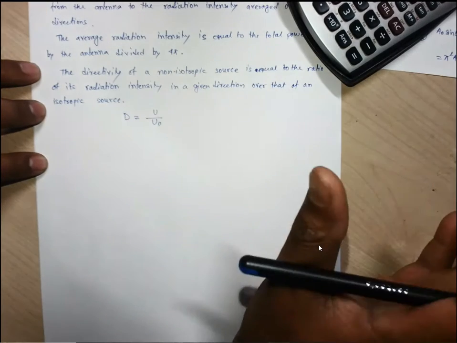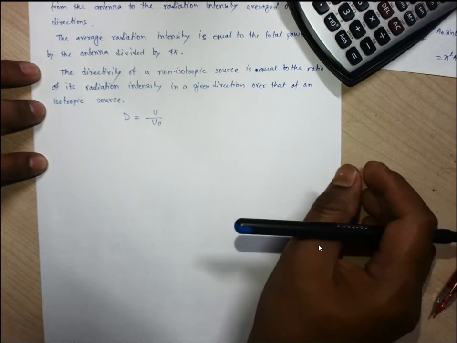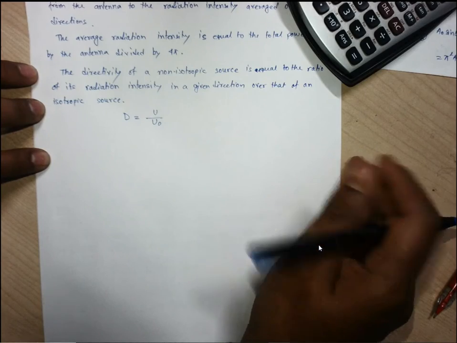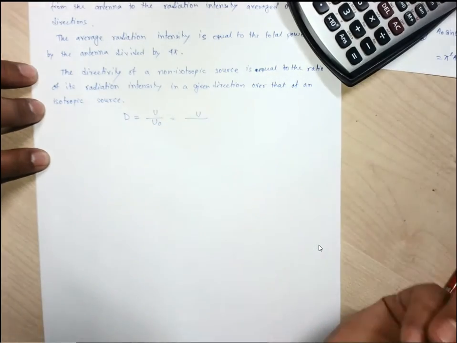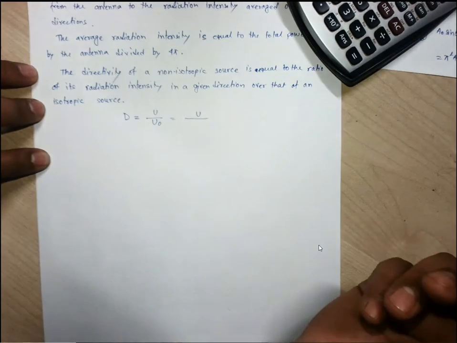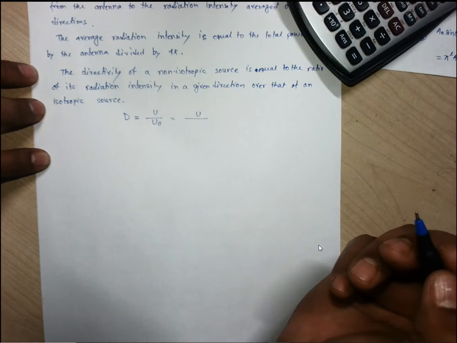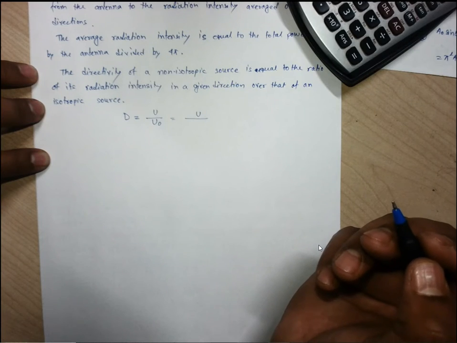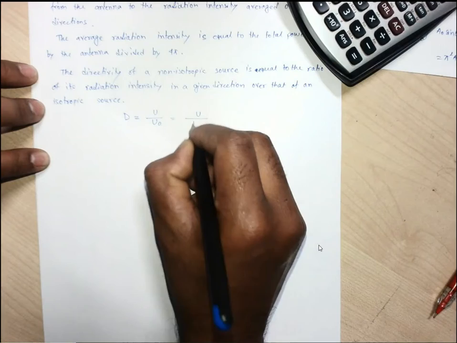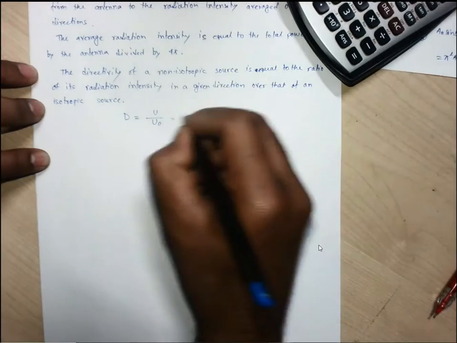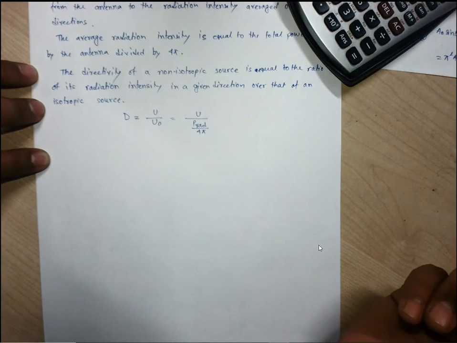Whatever total radiated power we have, if we take the average of that, how do we take the average? By dividing by 4 pi. So let us consider U is the radiation intensity of the antenna under test, and we are comparing this radiation intensity with a known antenna, that is an isotropic source. The total radiated power divided by 4 pi is the radiation intensity averaged over all directions.